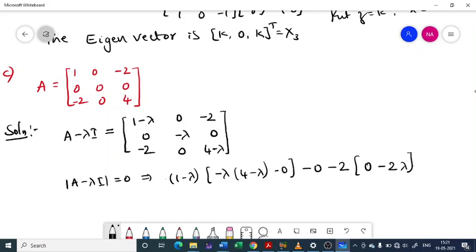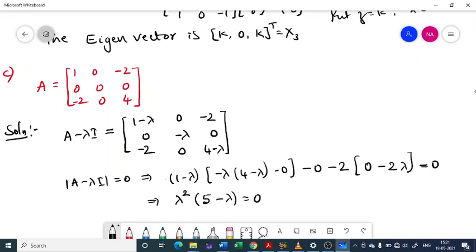So simplifying this, you will be getting f of lambda to be equal to 0, it is not necessary to write f of lambda. You can check that it will actually be lambda square times (5 minus lambda) equal to 0.